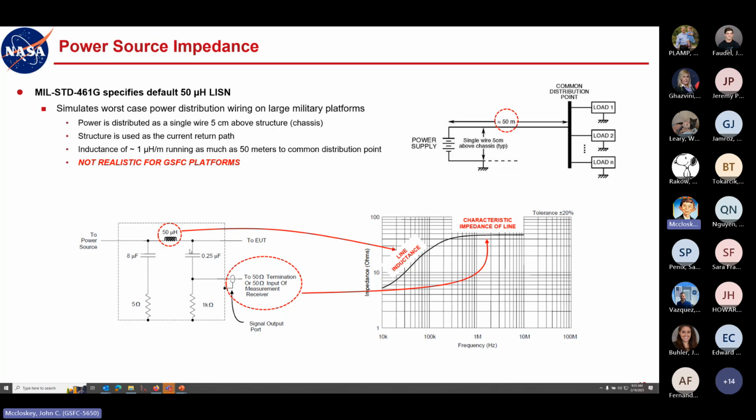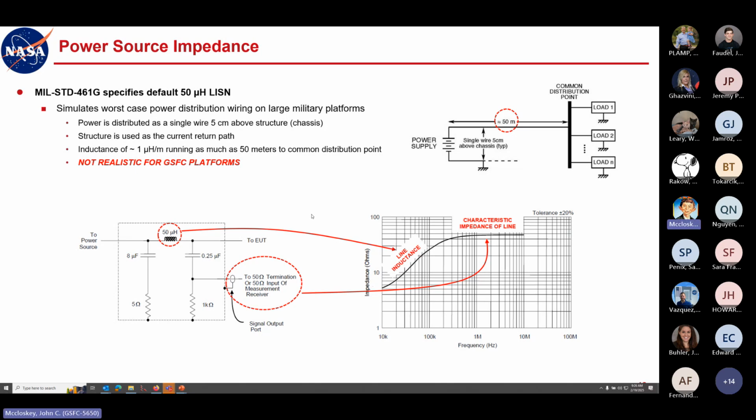This capacitor will basically look like a short circuit. You're left with 50 microhenries in parallel with 50 ohms, which is basically what you want. So that 50 ohms is giving you the terminating impedance for your measurement system, but it's also providing that high frequency shunt for your LISN.